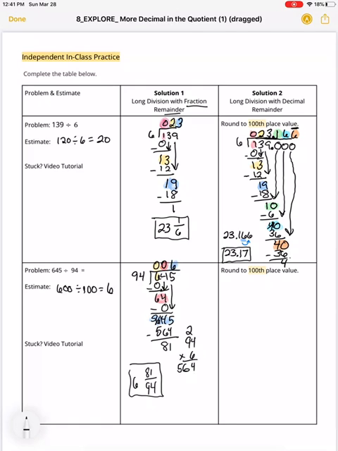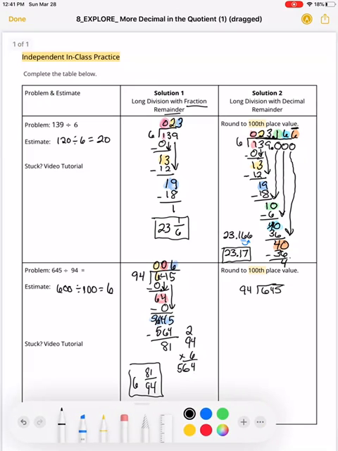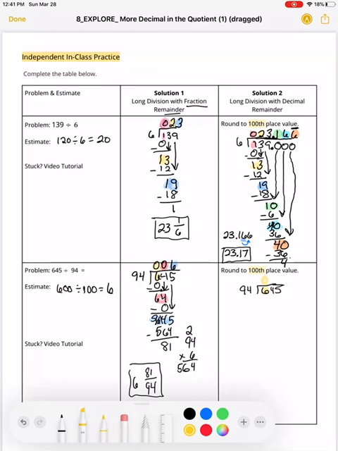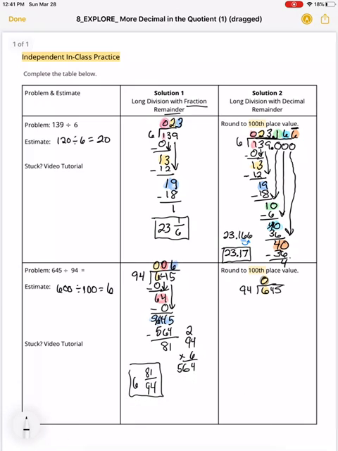Now this next one is gonna get pretty long here. So again, we're gonna ask how many 94s can fit into 645. And we're just gonna review the process again. Good practice. So the first thing I'm gonna ask is how many times does 94 fit into 6? And the answer to that is 0.